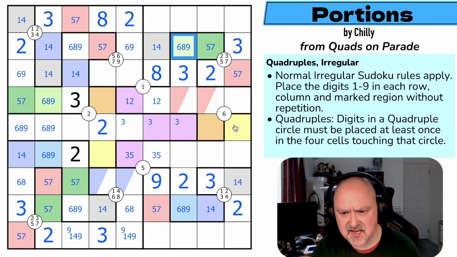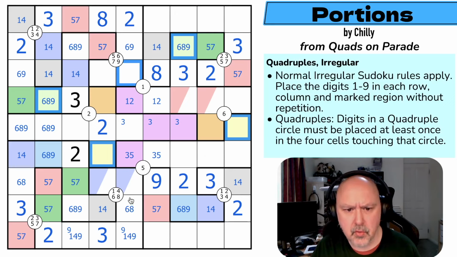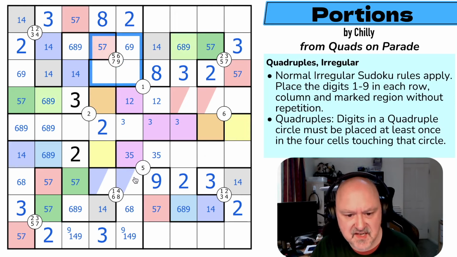If that's 6, that's 6, that's 6, that's 6. 6 would be there. And then I couldn't put 6 around this quadruple. Oh! 6 can't be, because of the 6s in these quadruples, I can't put 6 in either of those. 6 has been in one of those two for ages. So these are not 6.